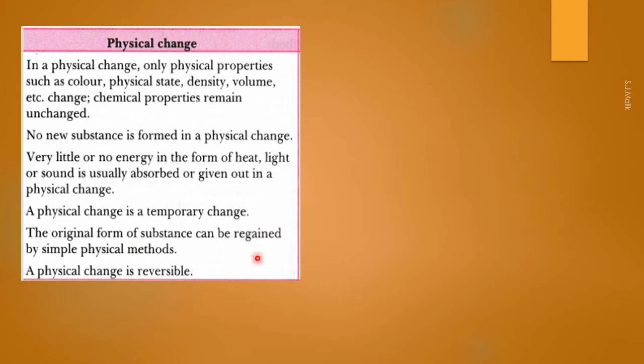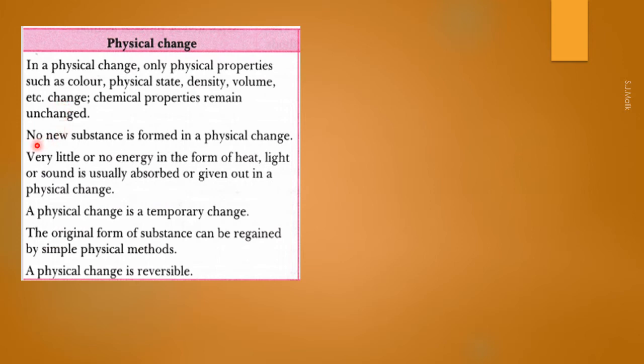Physical change. In a physical change, only physical properties such as color, physical state, density, volume are changed, but the chemical properties of the substance remain unchanged.